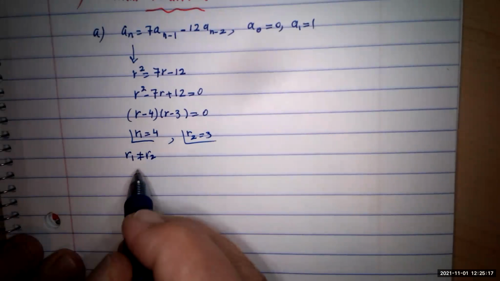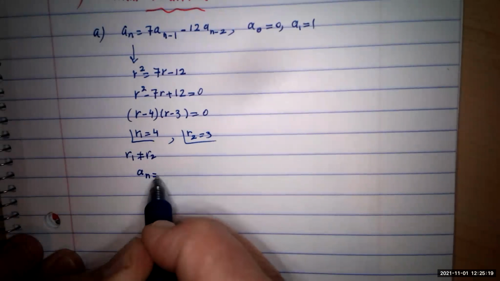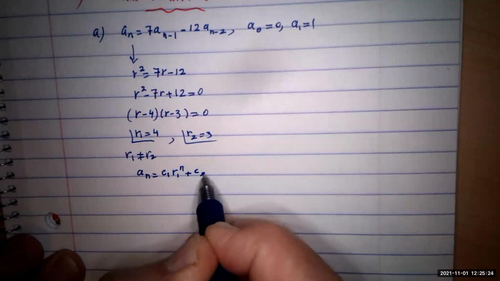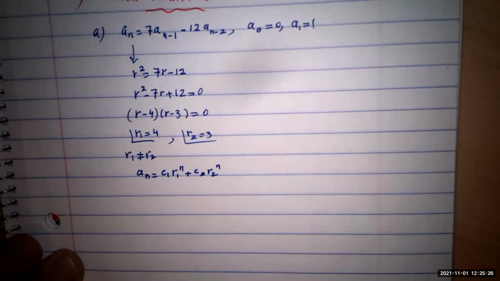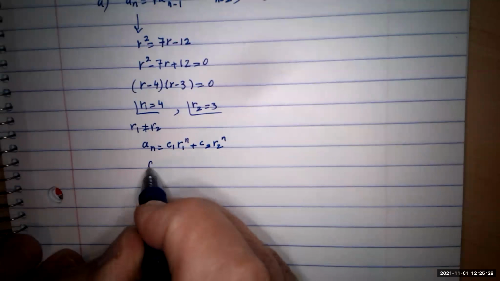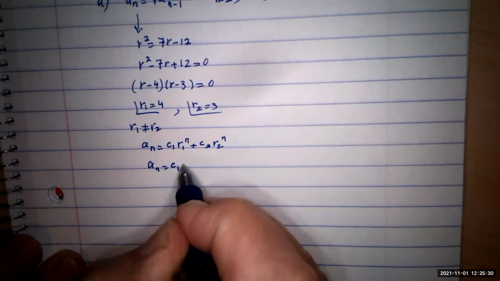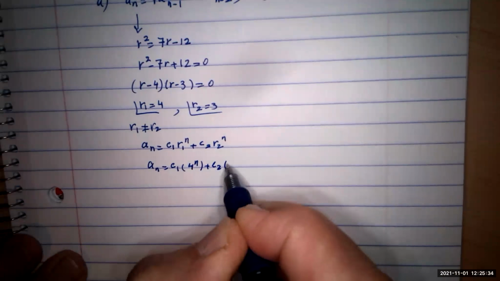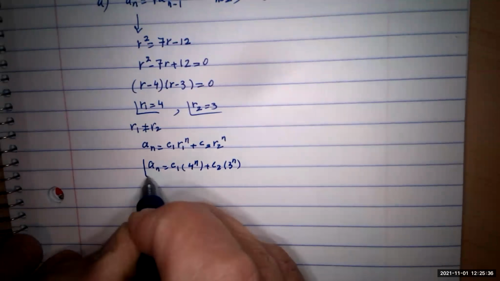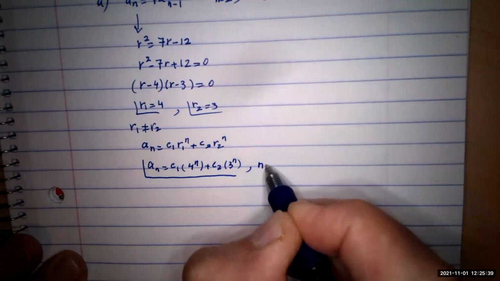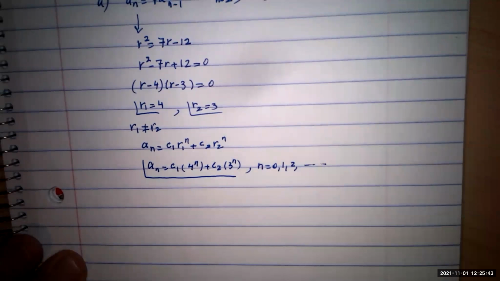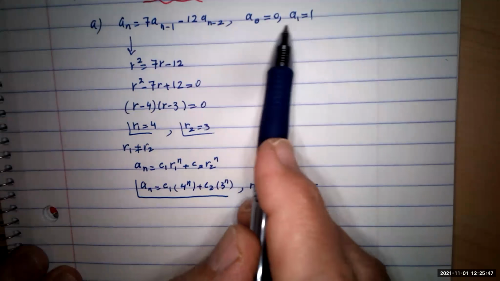When they are different, your solution is a_n equals C1 r1 to the n plus C2 r2 to the n. You substitute: a_n equals C1 times 4 to the n plus C2 times 3 to the n. This is true for n equal to 0, 1, 2 forever. But you have initial conditions: a_0 is 0, a_1 is 1.